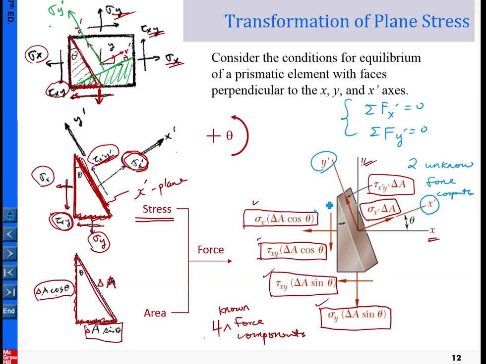For example, projecting this force component into x prime and y prime: this is a component in y prime, this is a component in x prime. And let me do this one here. You project into this one, so this is the component in x prime, this is a component in y prime, etc. You do this very carefully, one by one, and be patient.